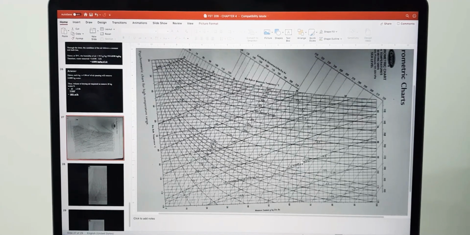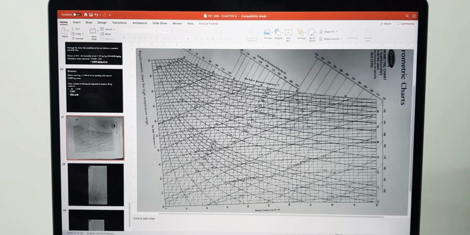The value of specific volume is 1.15, then it moves down to 1.10, then 1.05 and 1.0, and after that is 0.95 at this particular line. Can you see it? Okay, so now what we are going to do is find the value of moisture content for the dry air.